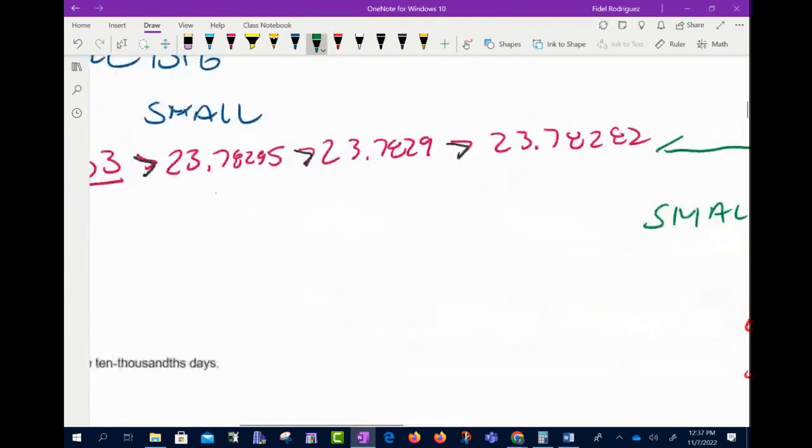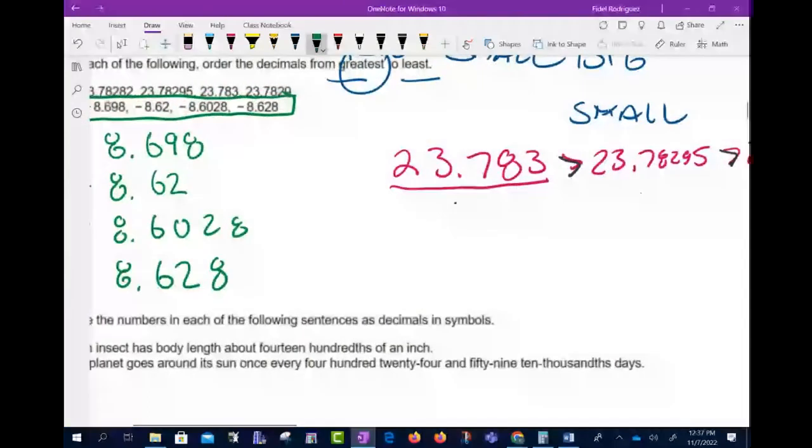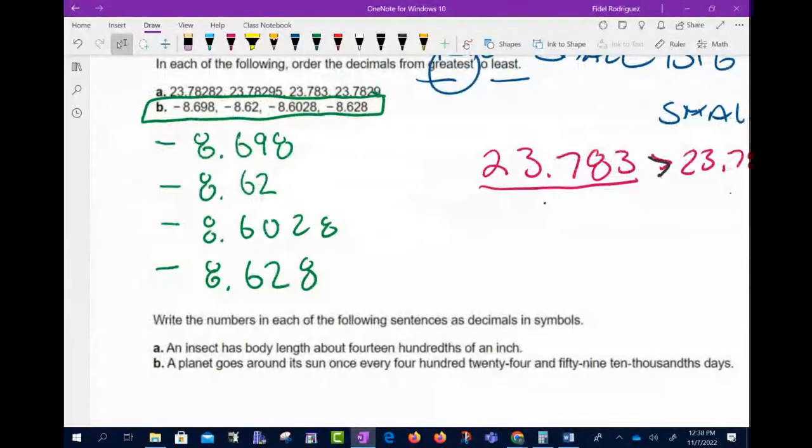So when I would come back over here and look at my problem, I'd say, okay, remember, I'm going to do this from the biggest to the smallest. Because my numbers are negative, I'm going to say, look, those numbers are all 8s, so we're good. And we have all 6s, so we're good. This is actually going to be my biggest number because it's a 6.0.